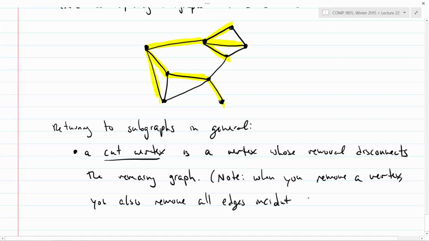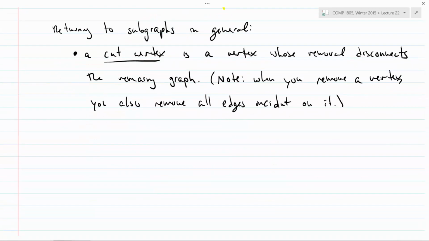All right, so we have a cut vertex. We also have the idea of a cut edge. A cut edge is an edge whose removal disconnects the remaining graph.